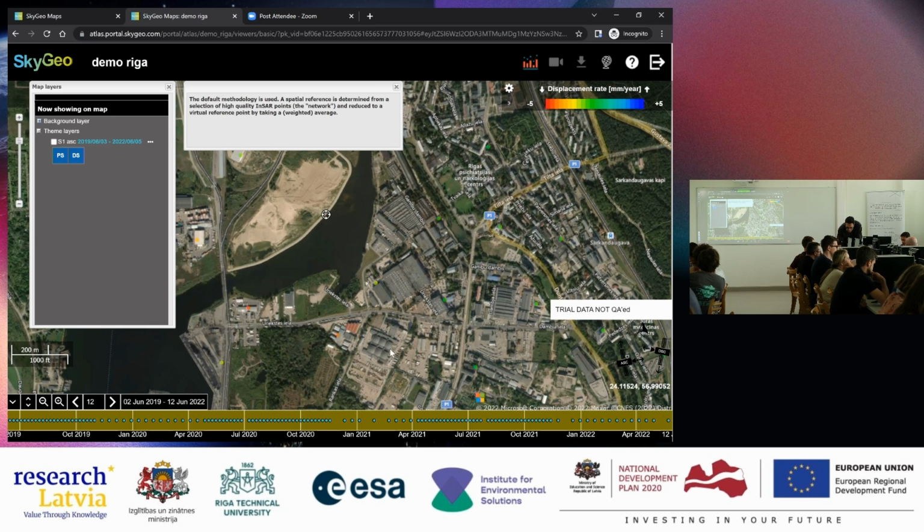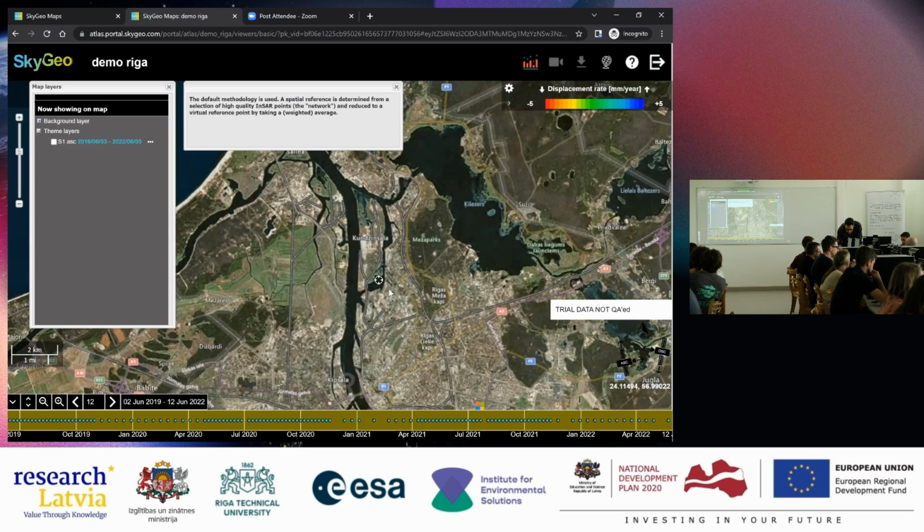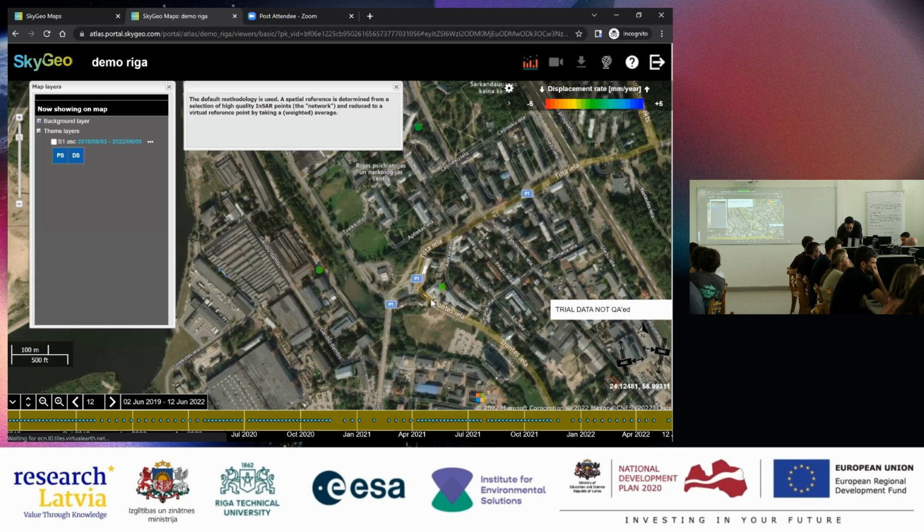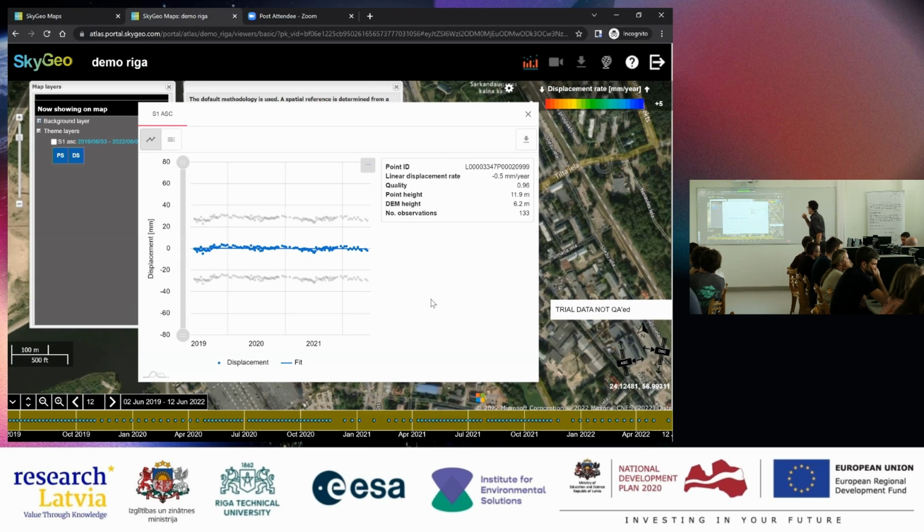If you zoom out, at some point you don't see them that well anymore, but there is this whole grid of points. Each of these points has in common that they're very good, so the quality is 0.96. And we use that grid as our reference.